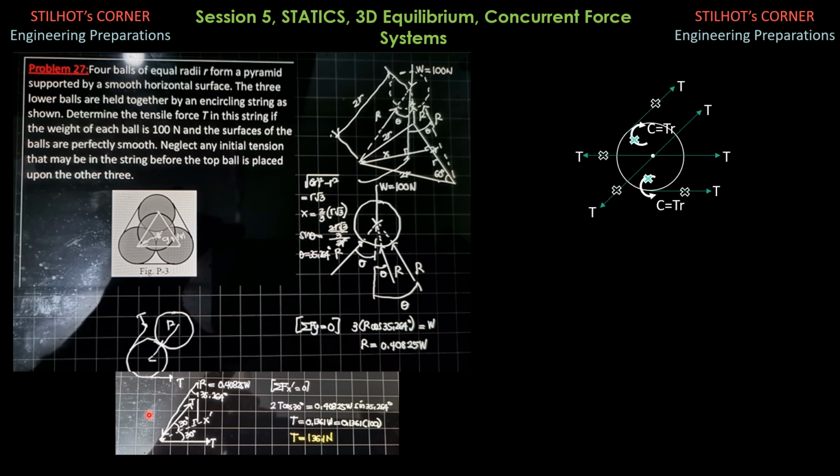Then the weight of the lower ball is not presented here because it has no component along the x prime axis. X prime is also a horizontal axis, and the weight of the ball is vertical, so it has no component along the x prime axis because it forms 90 degrees with the x prime axis. So these are the two equal tensions T, and the angle that they make with the x prime axis is 30 degrees, half of 60 degrees.